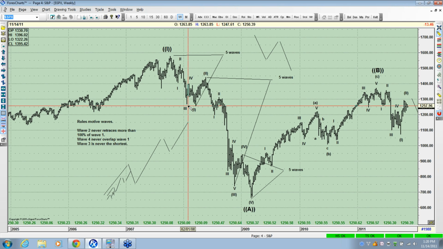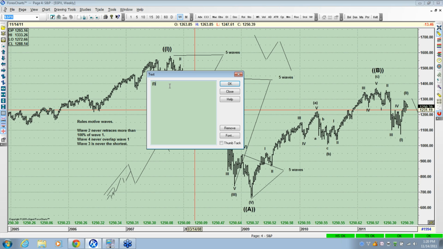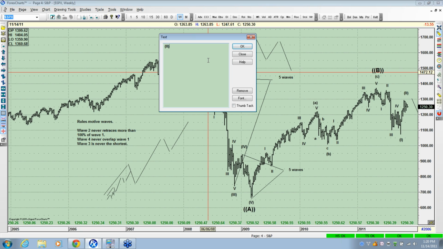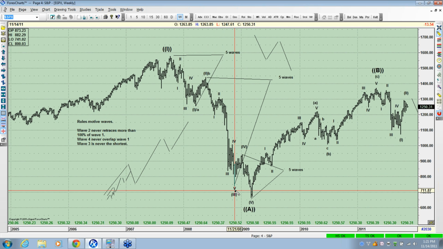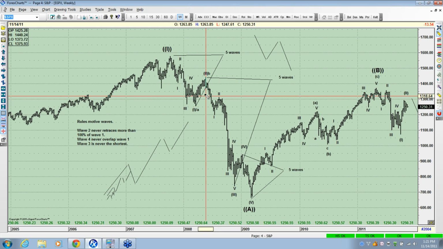Now, what the S&P did, it did 5. At this stage, you label it as a 1A. And then it did 2. And then you label it as a B. And then comes another sequence of 5 waves, when you're going to see that each rule is there when you have 1, 2, 3, 4, 5. And then you see that wave 2 never passes the beginning of wave 1.